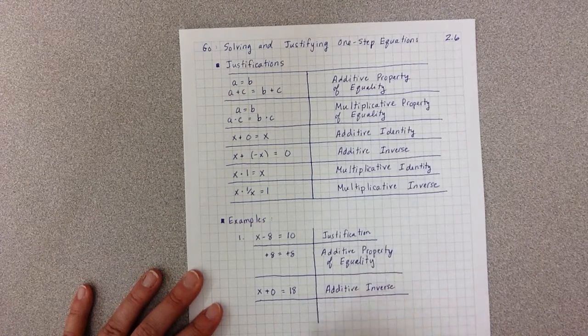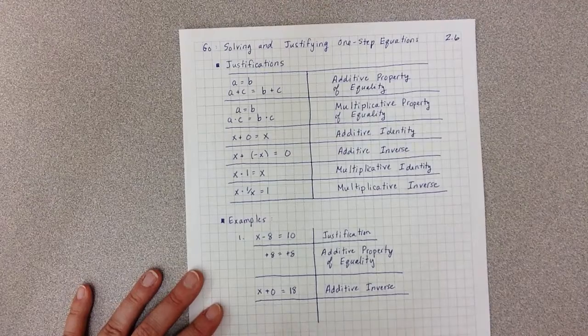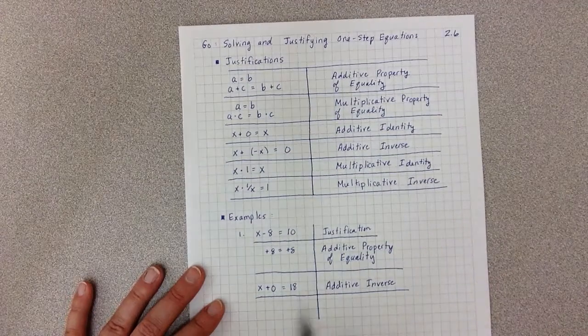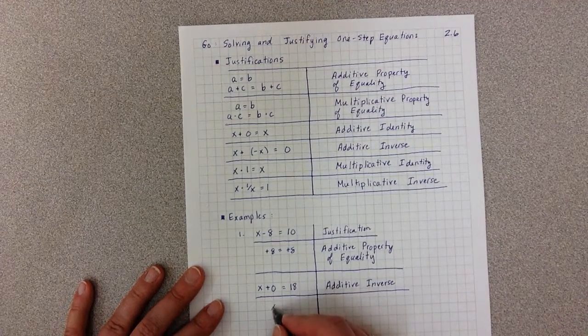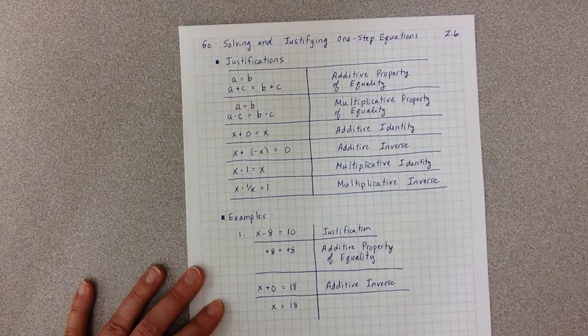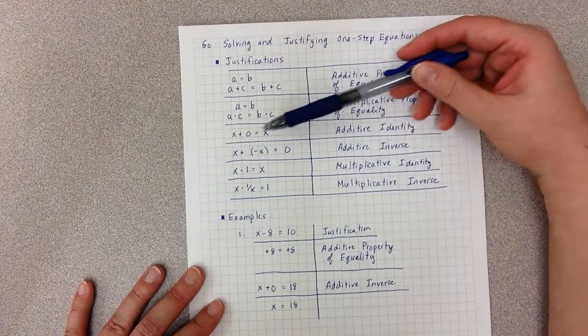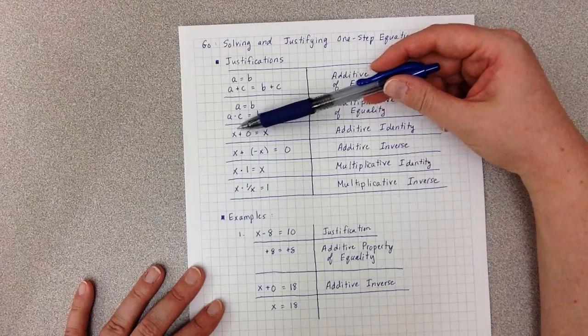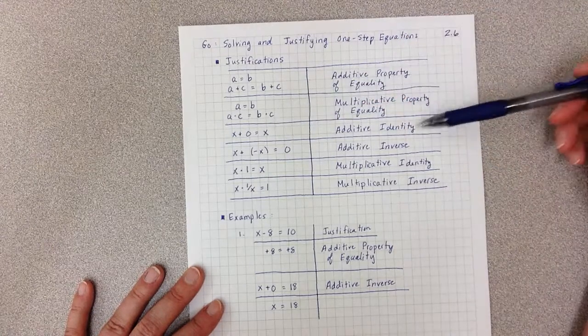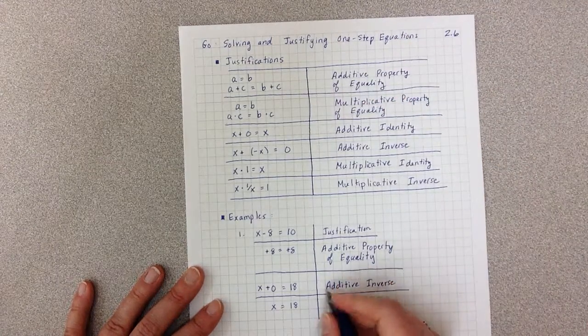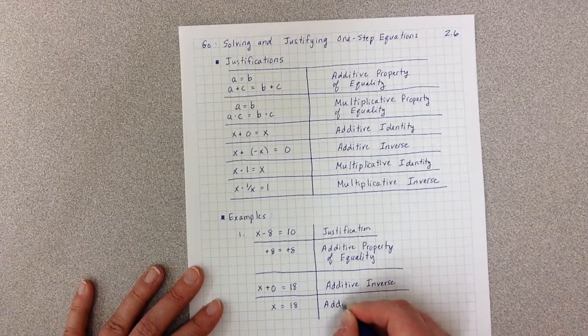My last step is that I want the equation to be x equals. So x plus 0 is indeed x. And again, we have that lovely property that any number plus 0 is the number, and the name for that is additive identity.